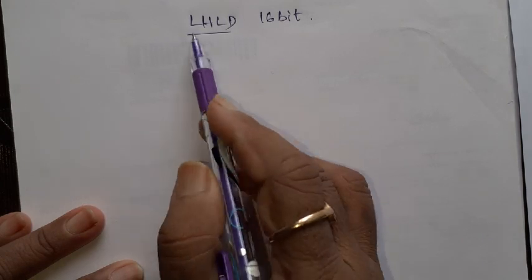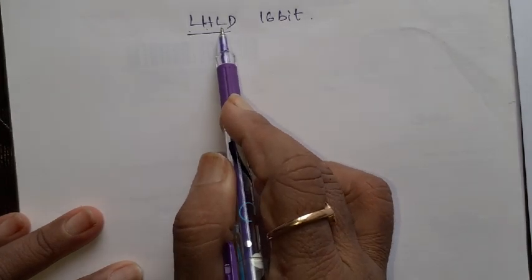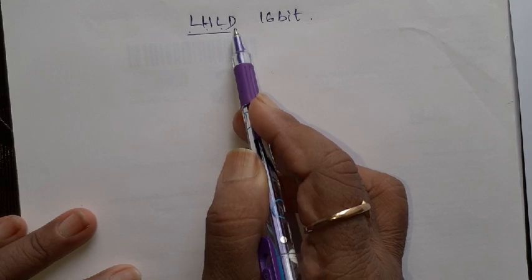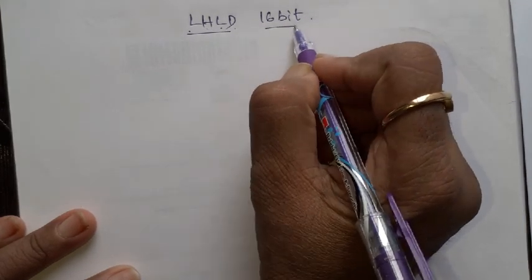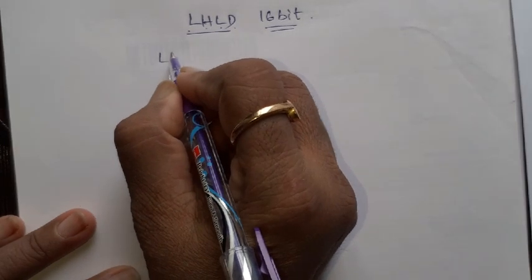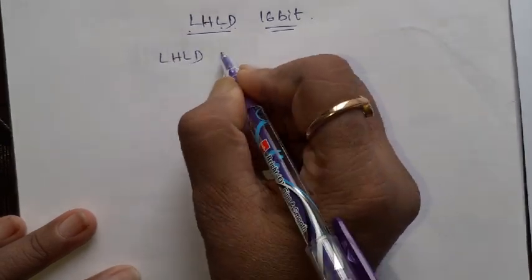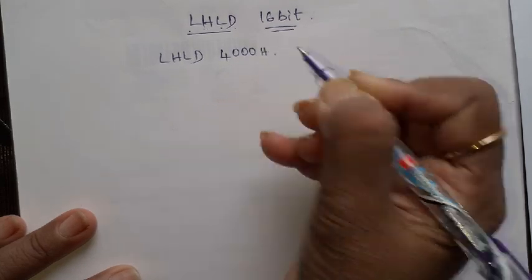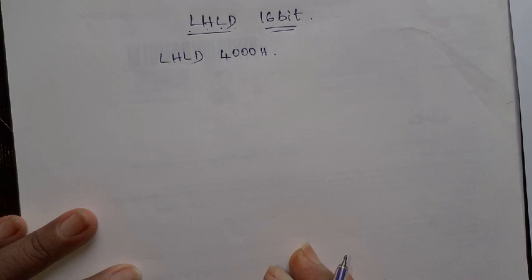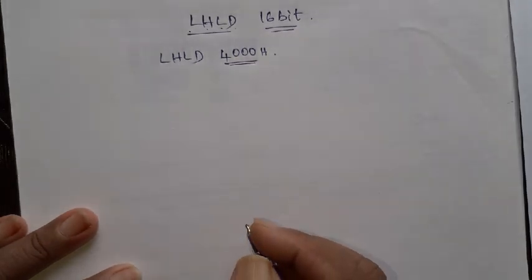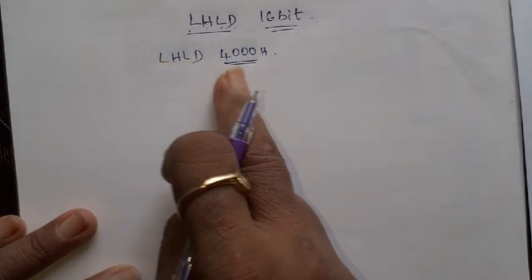The full form is load H and L registers using direct addressing. Here 16-bit is the address. I can write it as LHLD 4000H. So here this is the address. This is direct addressing.